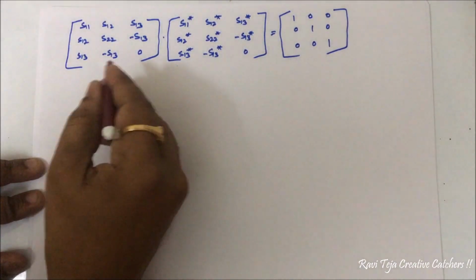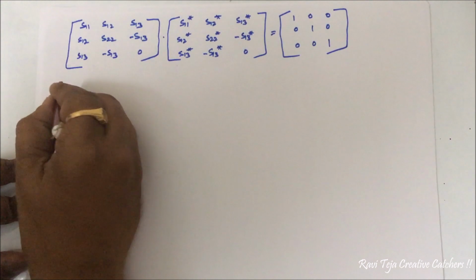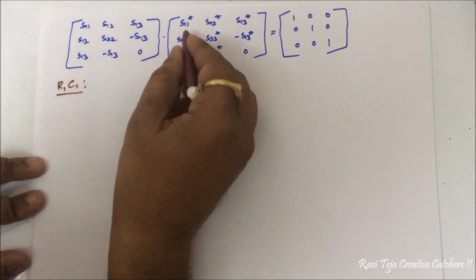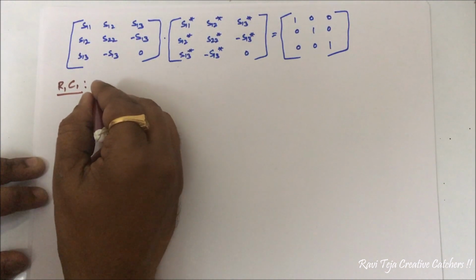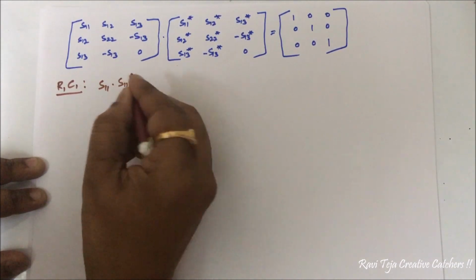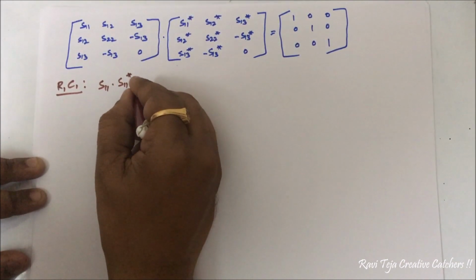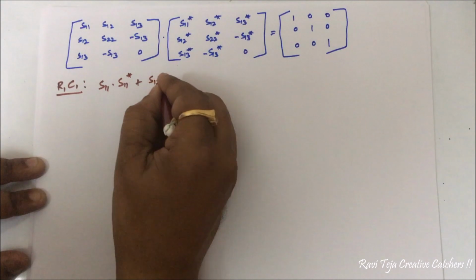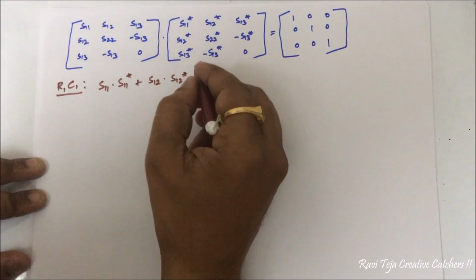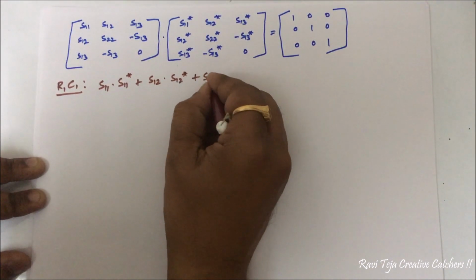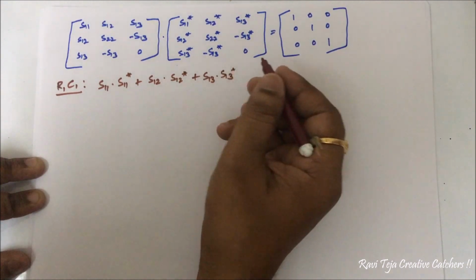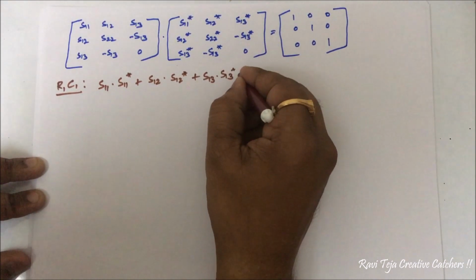Now let's multiply these in rows and columns. Let us first consider row 1 column 1. If you consider, we get S11 into S11 star plus S12 into S12 star plus S13 into S13 star, which will be equal to 1.